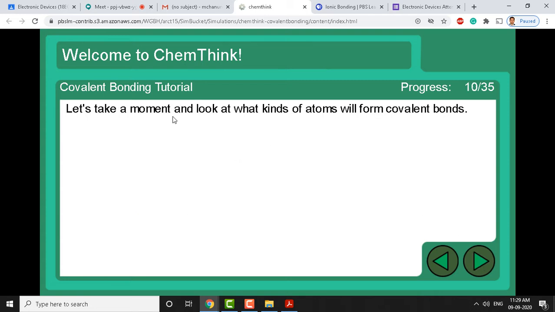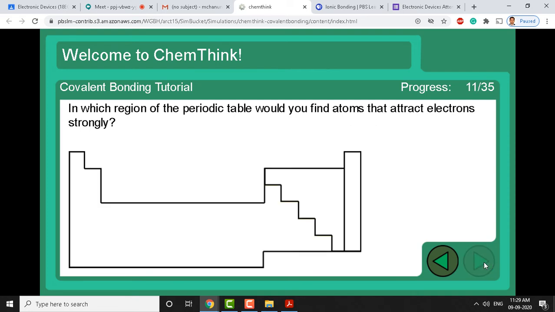Let's take a moment and look at what kind of atoms will form covalent bonds. Here you can see that these are all metals. Now you can see whether metals form a covalent bond or not. In each region of the periodic table, would you find atoms that attract electrons strongly? Metals don't hold onto their electrons very well, so they are not responsible for the formation of covalent bonds.